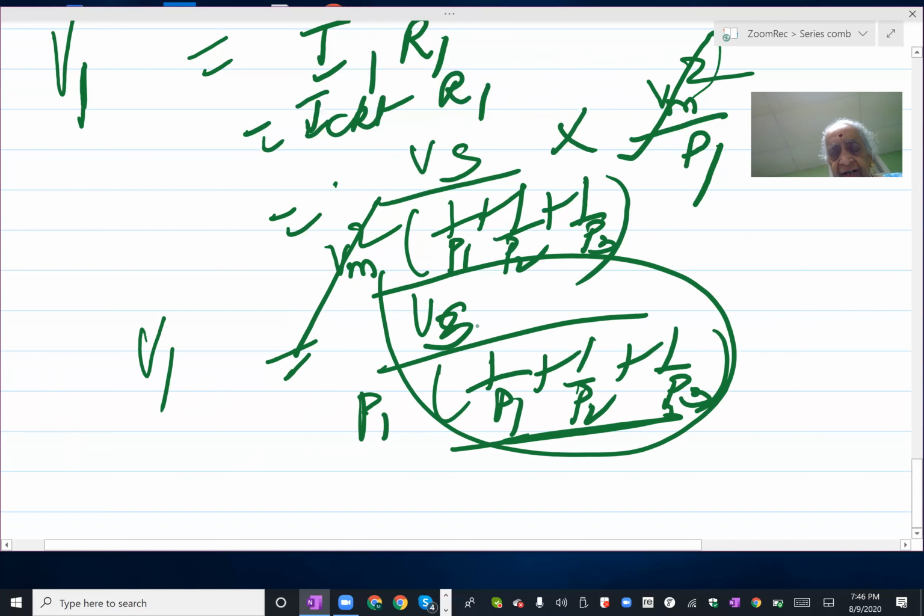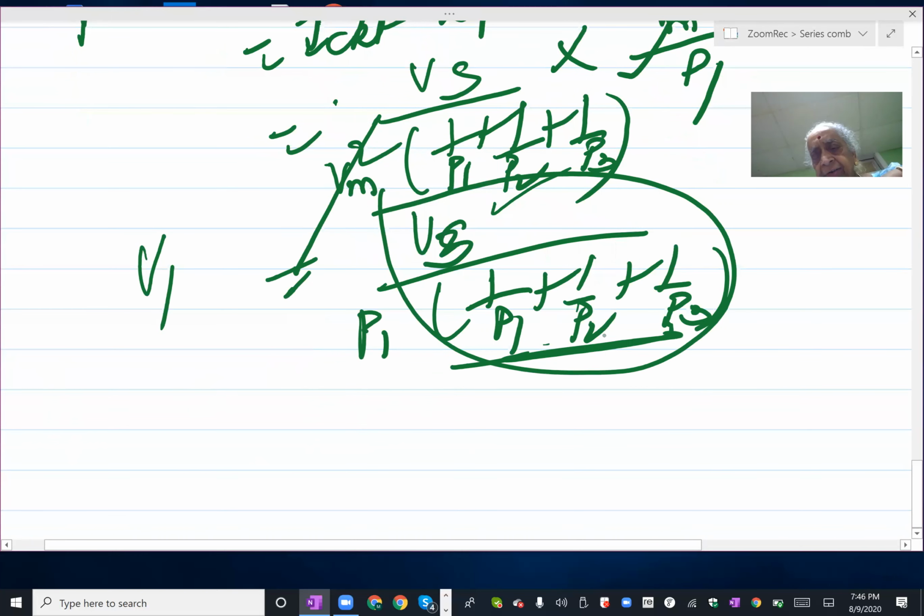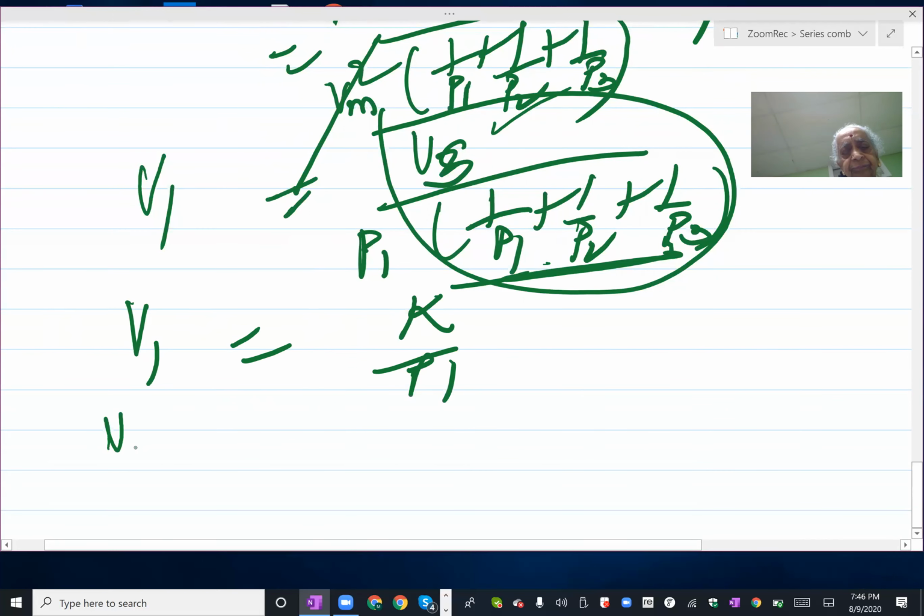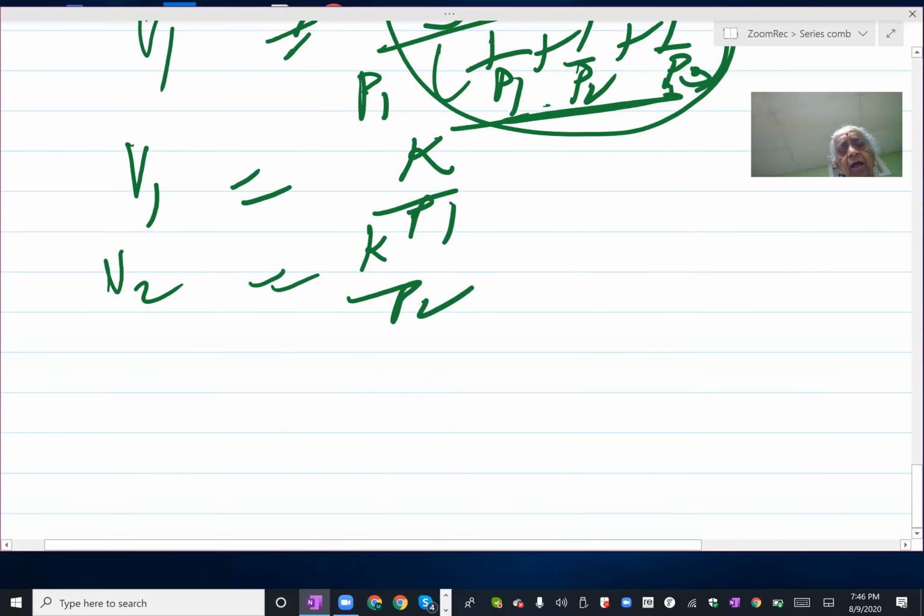You can calculate that separately depending upon what Vs is quoted in the problem and what V marked are there for the three things. V1 will be the constant into 1 by power 1. V2 will be the same constant by power 2. And V3 will be the same constant by power 3.